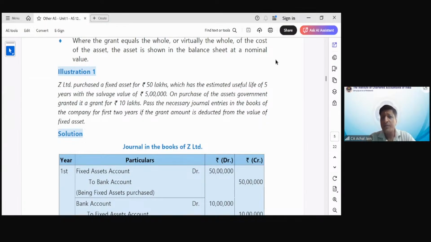Better is to give the assumption which will make your life simple. If you follow SLM, your calculation will be easier. So that's why you'll go with this. Otherwise, there's no rule you need to follow this method. Either of these methods you can follow. Fine.